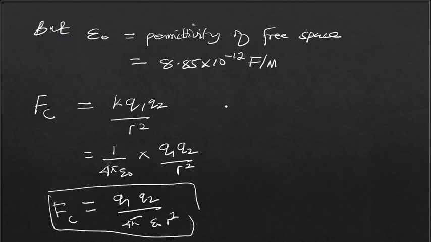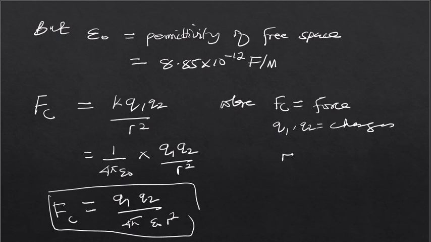Now, defining all the parameters where Fc is equal to force of attraction, Q1, Q2 are charges, r is equal to distance between the two charges.